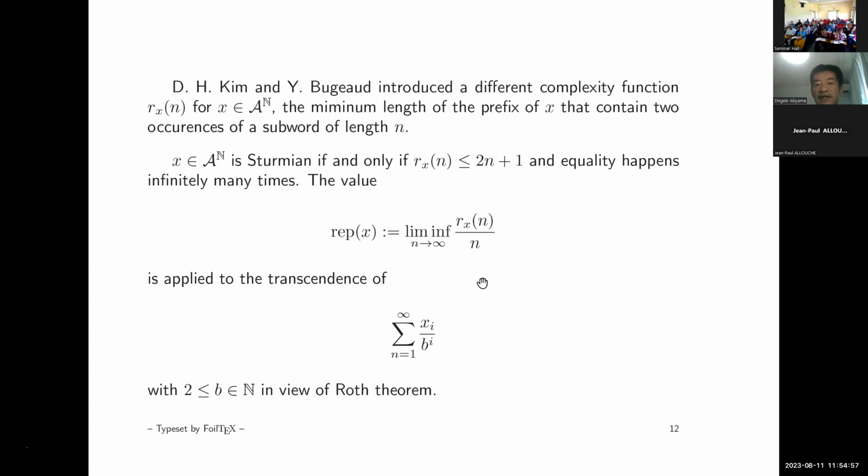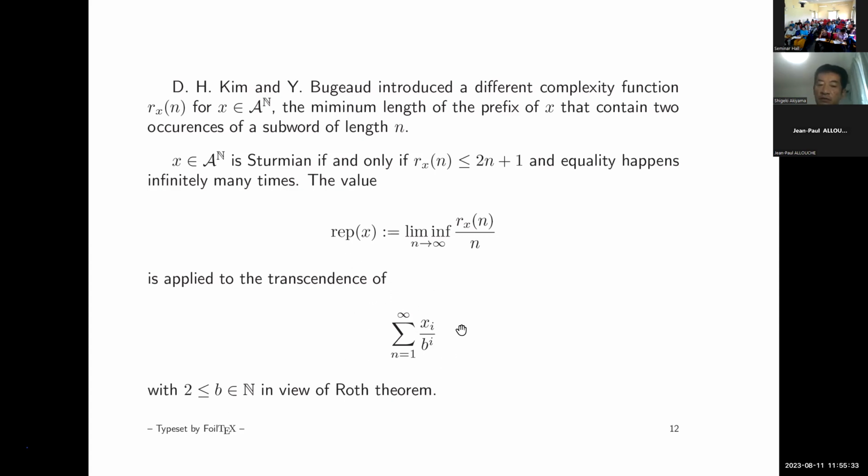So return time complexity is of course related to the famous Roth theorem. If you have repetitions, like two very similar prefixes, and you cut off the number at some point in a nice way, then you have a very nice rational approximation.